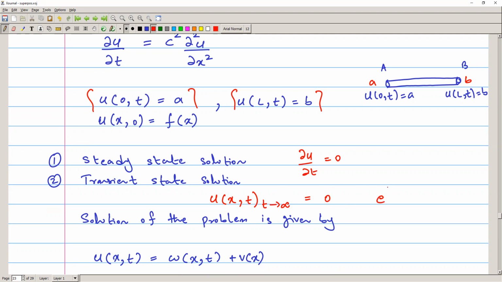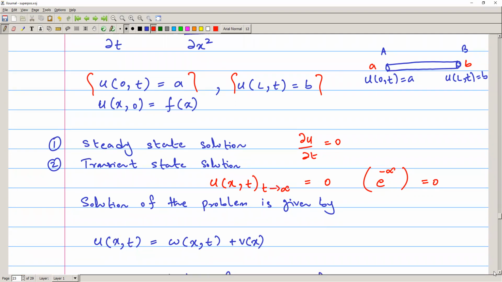Because we know that in the heat equation we have an exponential to the power of time. That's why e to the power negative infinity is equal to 0, right? So the transient state solution will be equal to 0, and the solution of the heat equation will only be governed by the steady state solution when t tends to infinity, right?